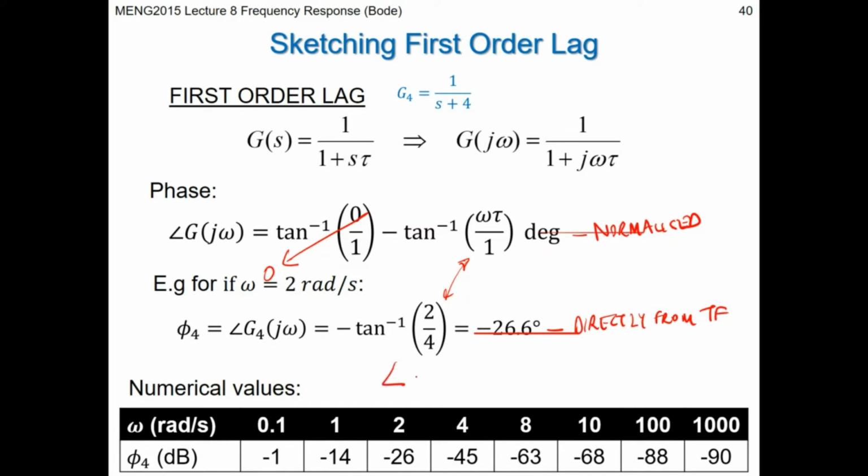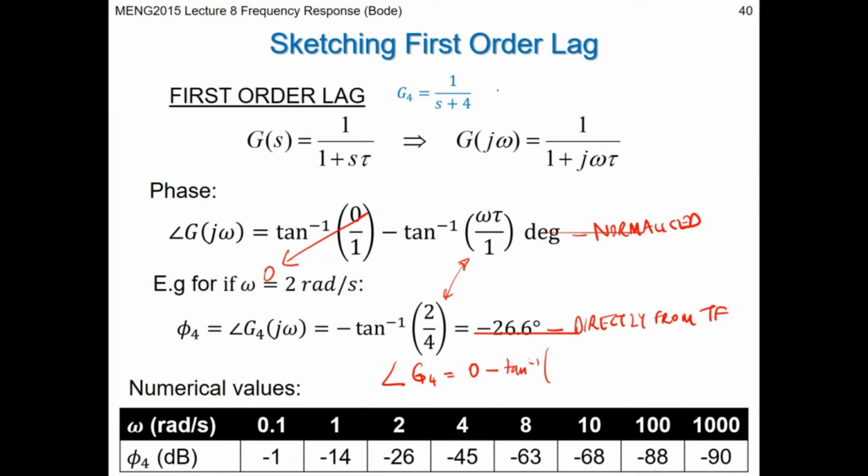Well, because the argument of G4 is going to be 0, because there's no imaginary part on the numerator, minus tan to the minus 1 of imaginary over real. I don't know why there's a 2 there actually.